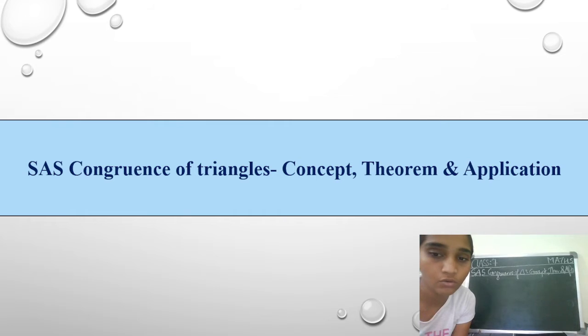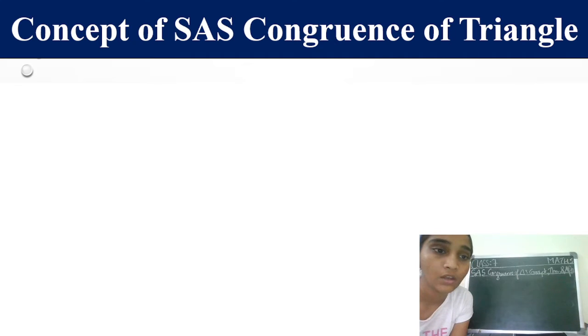Very good students. So now let us see what we actually mean by the concept of SAS congruence of triangle, if we are saying that the two triangles are congruent by SAS rule. So SAS basically, students, what can you understand by the word SAS?